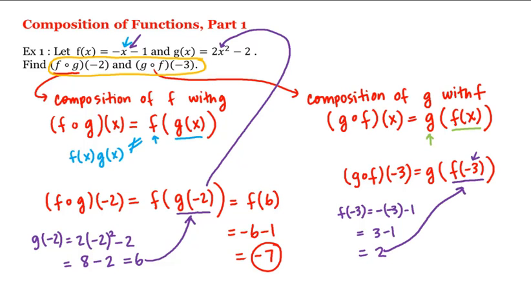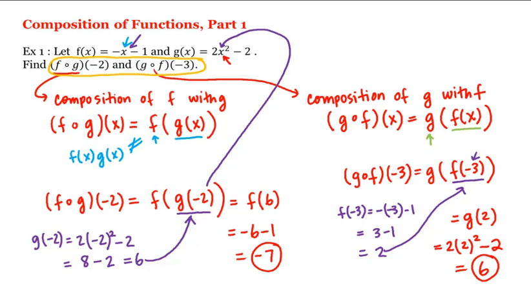And this is what we plug in here and evaluate g at. That is, this is equal to g of 2. And looking back up here at g, we're going to plug 2 in here. That is, this is equal to 2 times 2 squared minus 2, or 2 times 4, which is 8, minus 2, which is 6. So this is our other value.